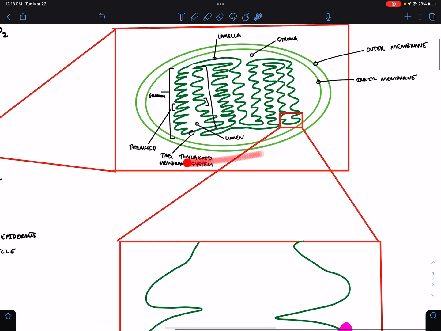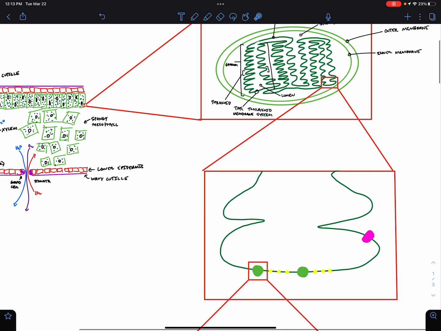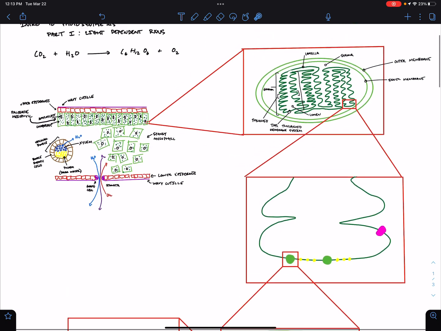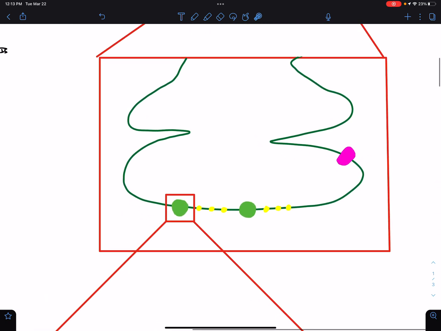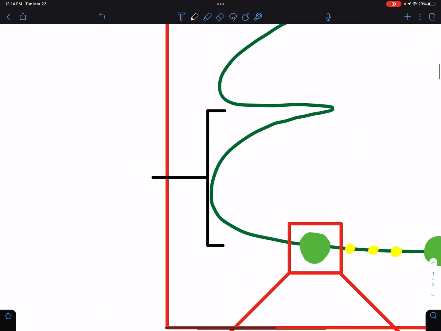Here it is labeled. And this next screencast is another series of zoom in boxes. So now we are going to be looking at a single thylakoid. So to give you some context here, here is a thylakoid.